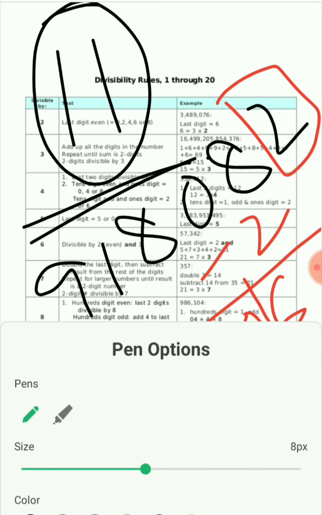Then we again truncate the last digit and subtract from the remaining number. 917 minus 8 is 909. Again we truncate the last digit.